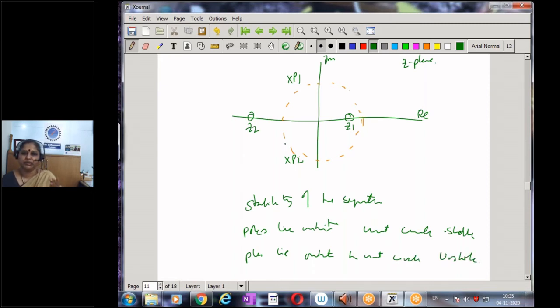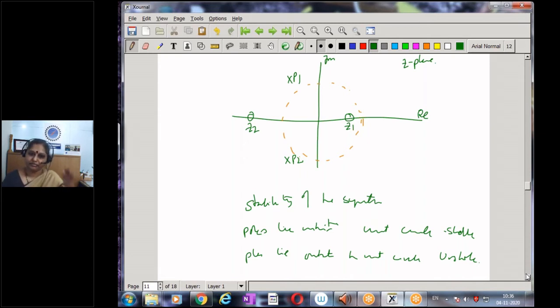And hence, by looking at the pole zero plot, we can classify the system as stable or unstable. We have already seen that we can classify the system as stable or unstable from the impulse response h of n. If the impulse response is absolutely summable, then the system is stable. If it is not absolutely summable, the system is unstable. For a system classified as stable from the impulse response, we will also find that the poles lie within the unit circle.